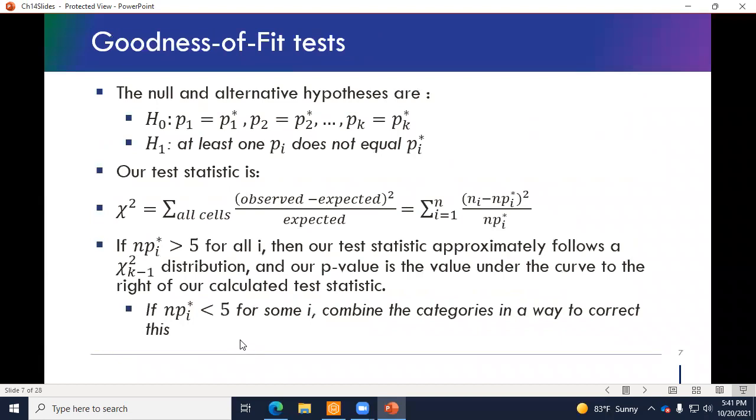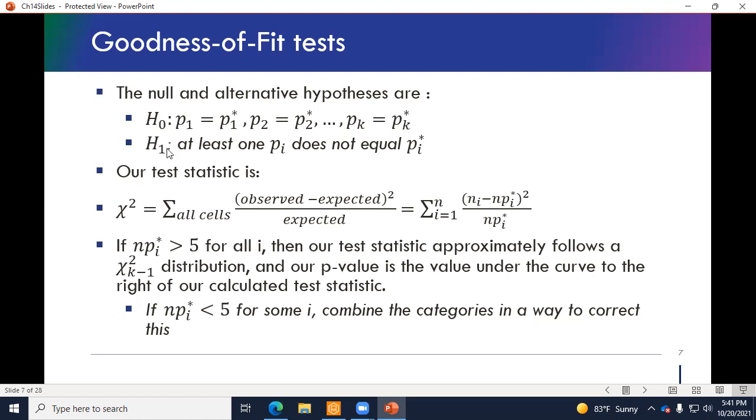So in this case, we would need to do a hypothesis test, and we would need some distribution in order to carry out this hypothesis test. Formally, the null hypothesis and alternative hypothesis are like this. P1 equal to P1 star, up to PK equal to PK star. That's the null hypothesis, what we believed about the proportions.